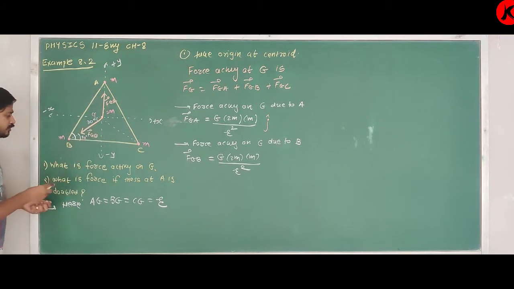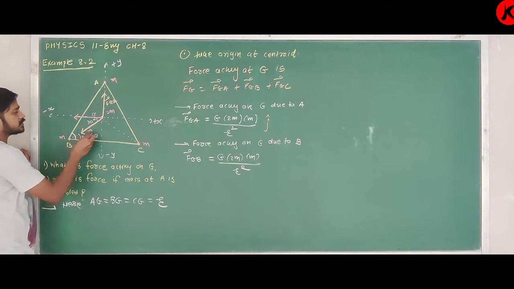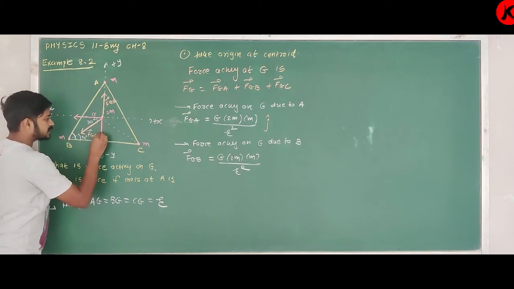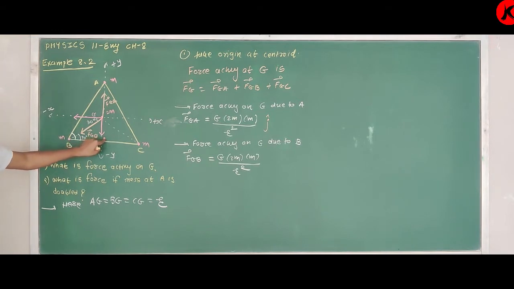So this FGB will have two components: one in this direction, that is in the negative x direction, and another in this direction, that is in the negative y direction. So this FGB has two components, in the negative x direction and the negative y direction. Then how to write the unit vector?